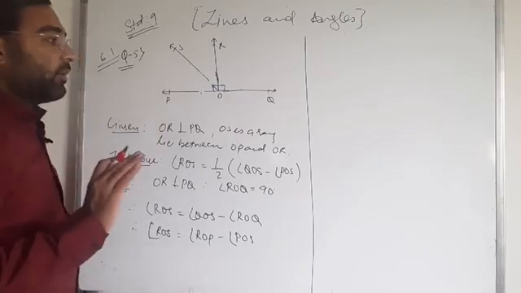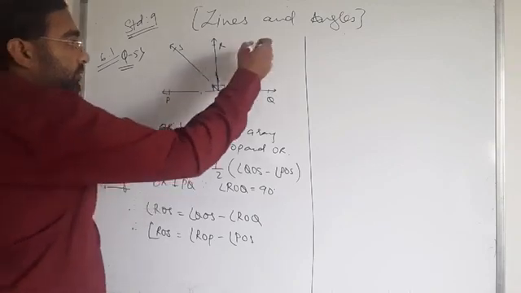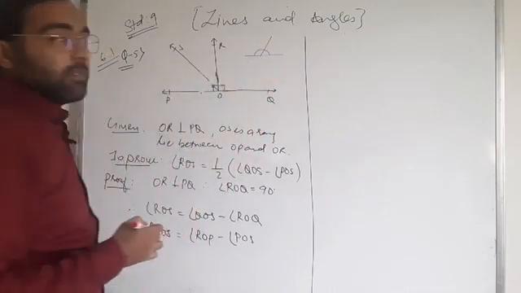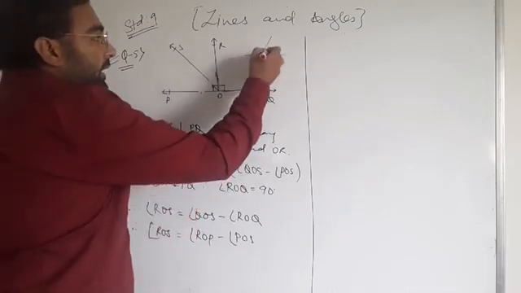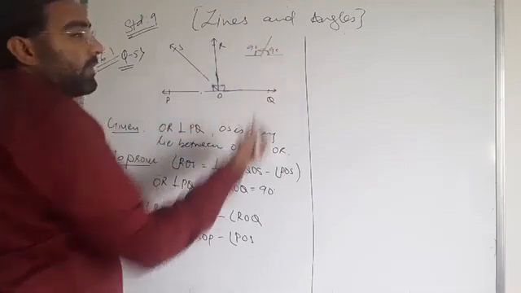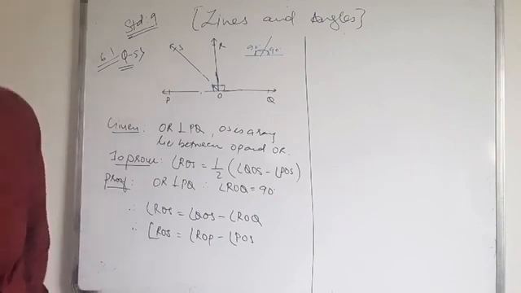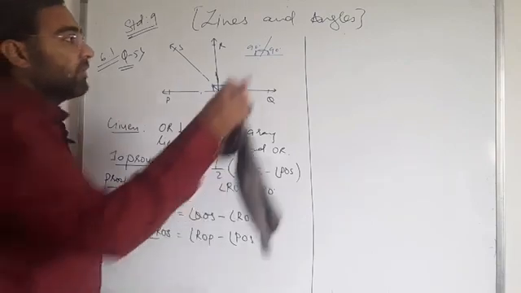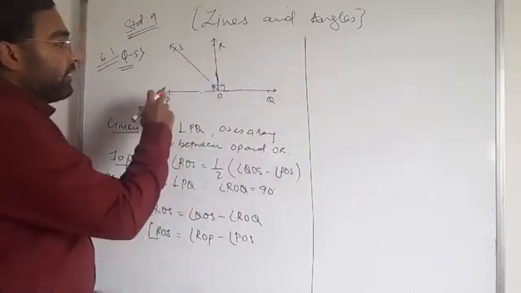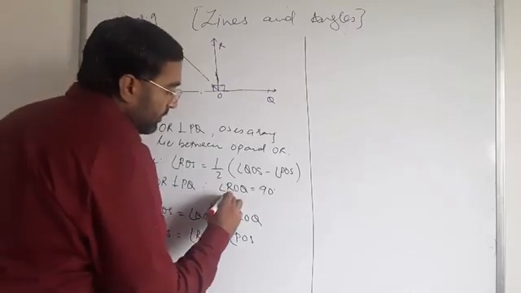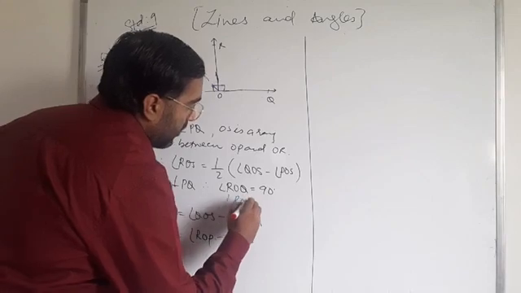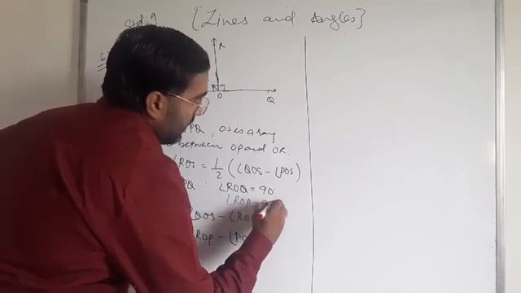That's the rule we know: if two angles form 180 degrees and one of them is 90 degrees, then the other angle is also 90 degrees, because 90 plus 90 is 180. Okay, that's common sense. So angle ROP is also equal to 90 degrees.